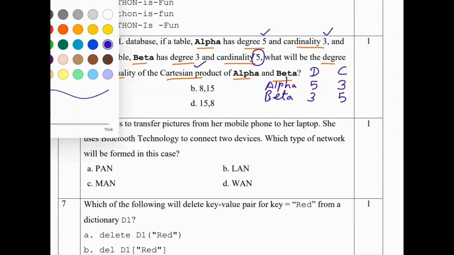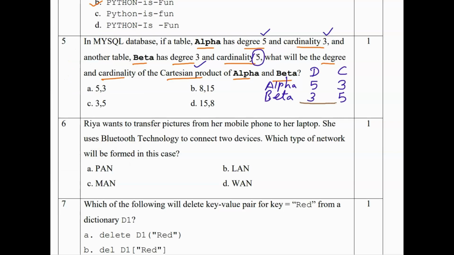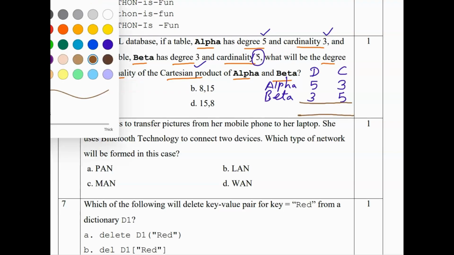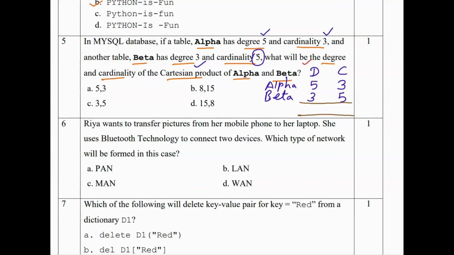So now we are going to calculate the degree and the cardinality. Do you remember how to calculate the degrees and cardinalities? Degree means columns.